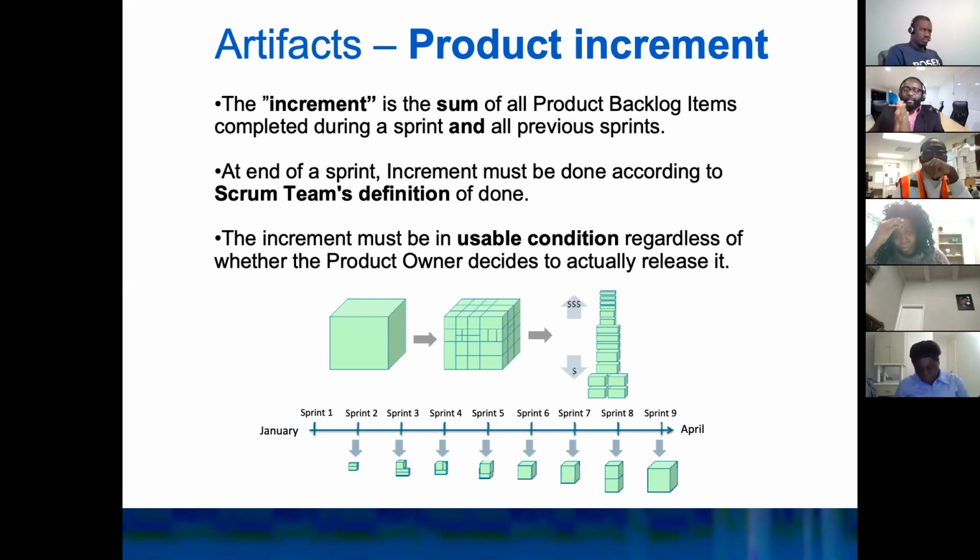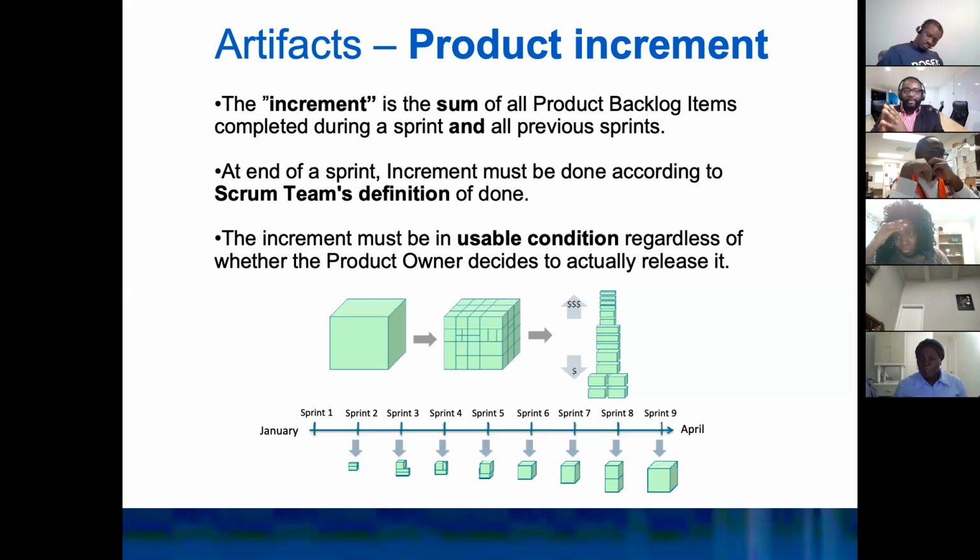So I was telling you the product increment is a piece of the product that has to be in a releasable and workable condition at any time, okay? Meaning if it is done, it means that potentially that's something that if we decide to go into production with tomorrow, we can do it without problem. Okay, it should be in a usable condition regardless of whether the product owner decides to actually release it or not.